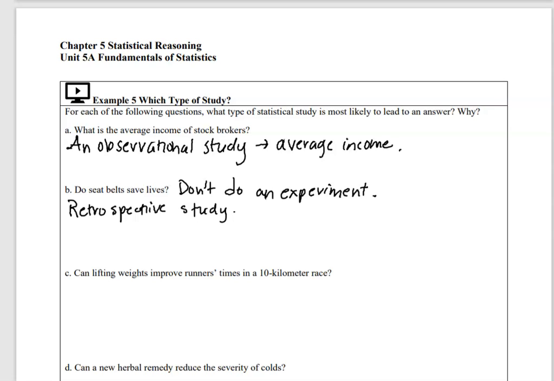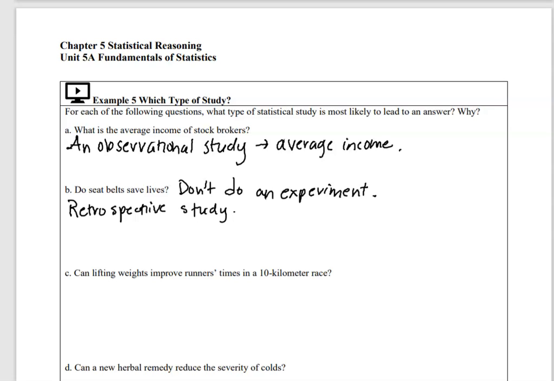The people that did have a seatbelt on would be part of our cases, and the people who didn't wear a seatbelt would be part of our controls. We could do this retroactively and keep it safe by comparing the death rates in accidents between the cases and controls, and we could learn whether seatbelts save lives. So this one could be done.